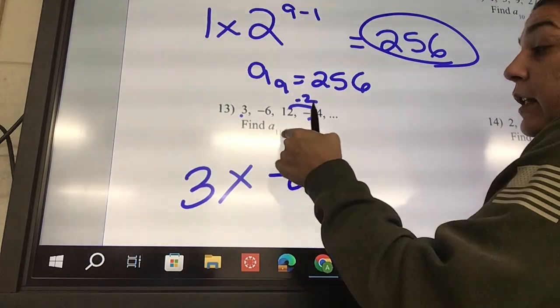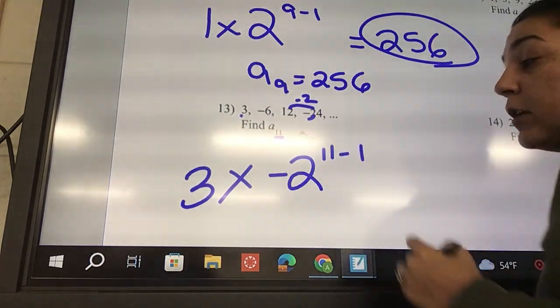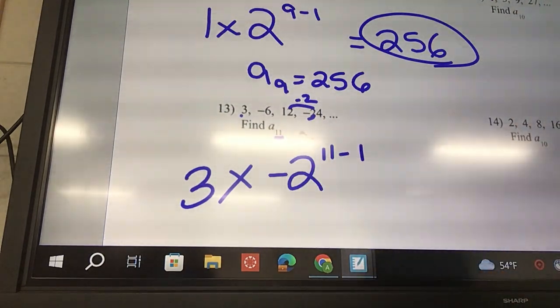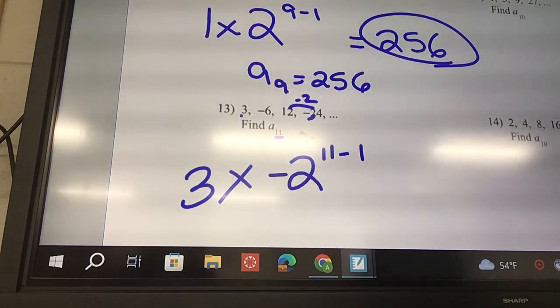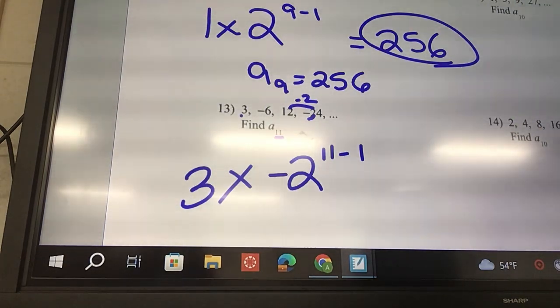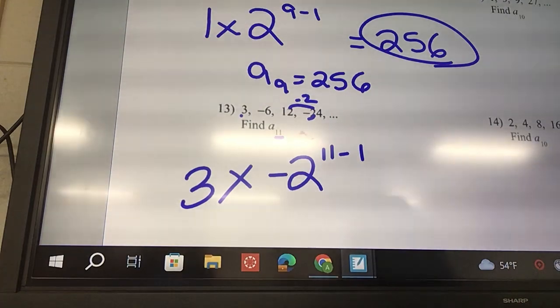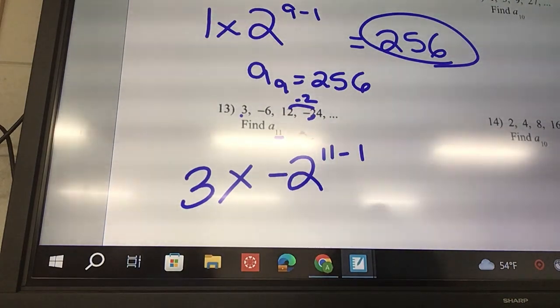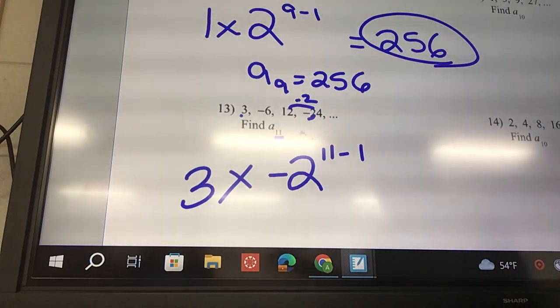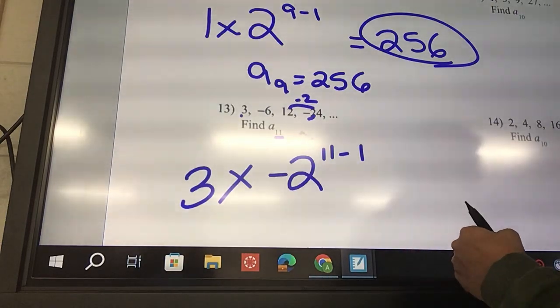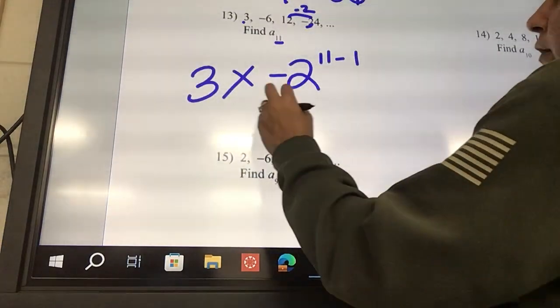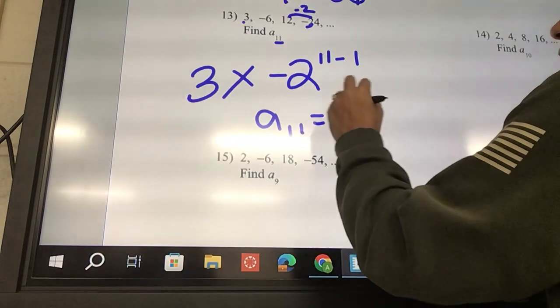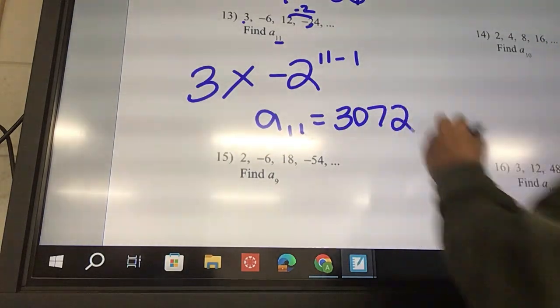N is 11 minus 1. Okay, and that's going to be negative 3072. Okay, so it's going to look like A sub 11 is 3072.